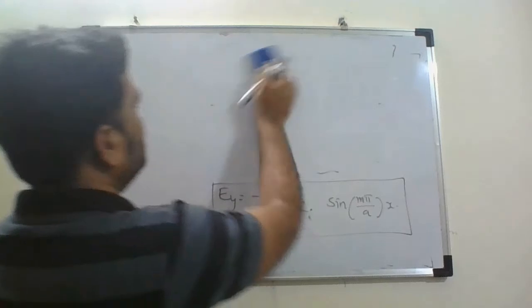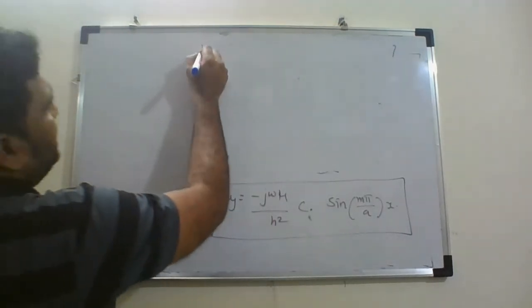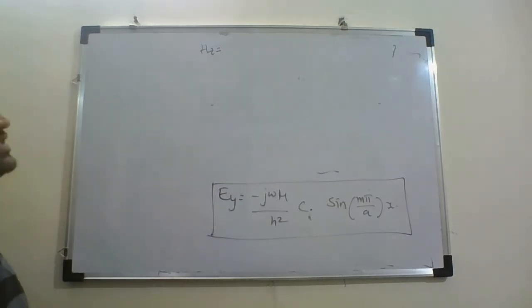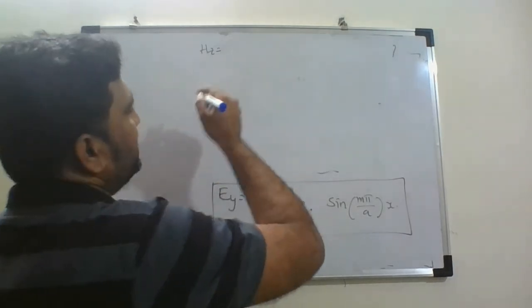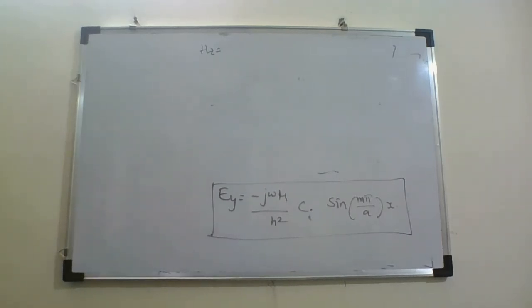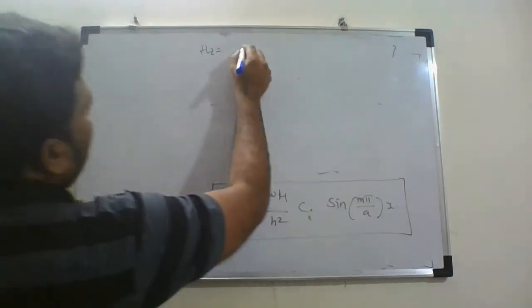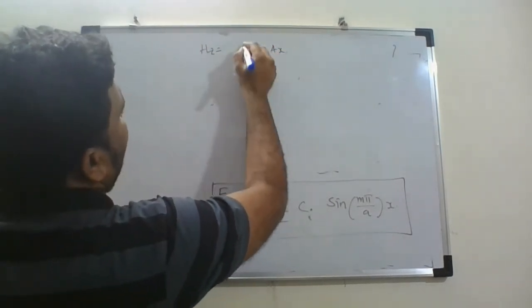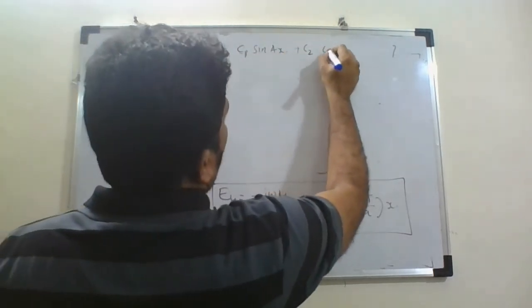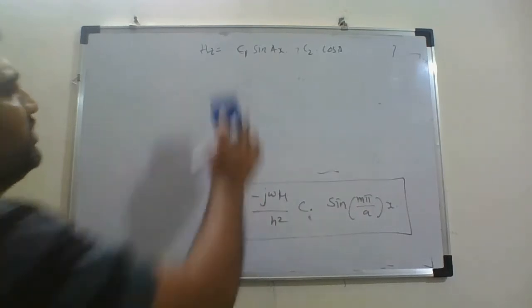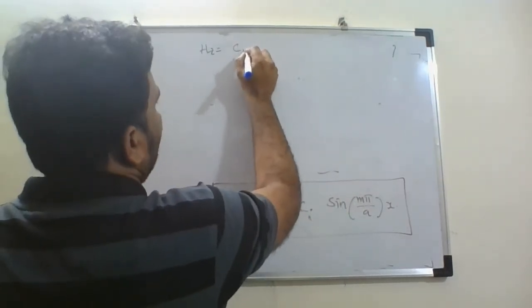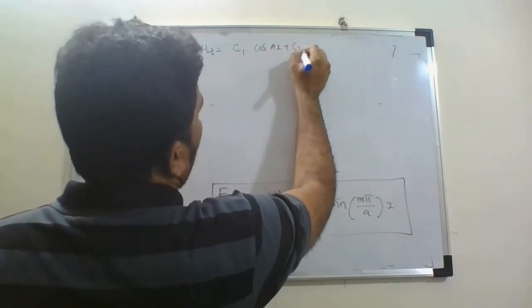In general, the expression we got for Hz is C1 into cos AX plus C2 into sin AX.